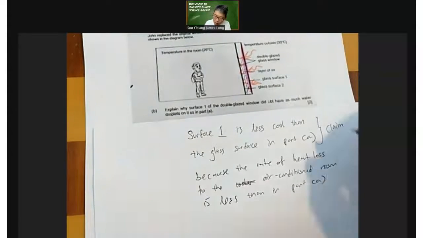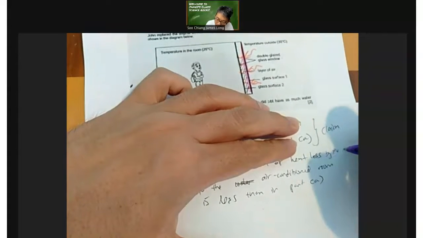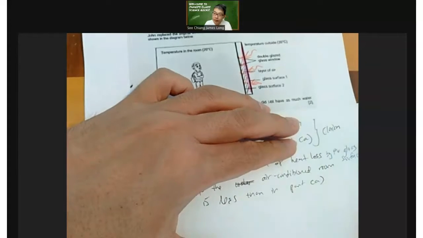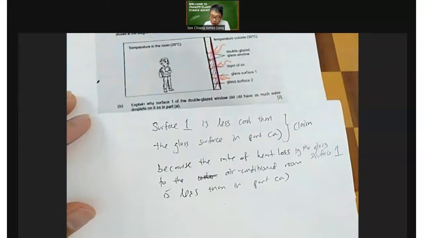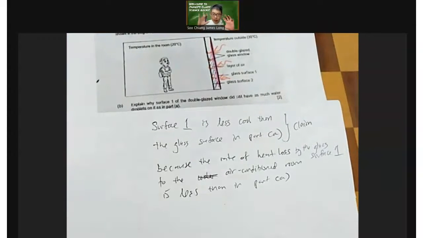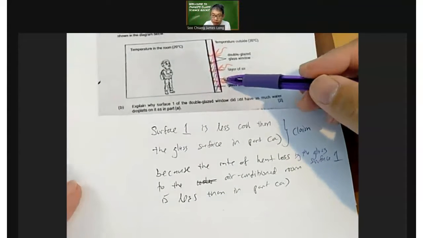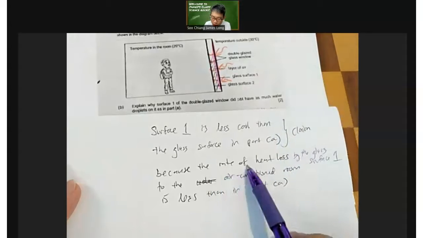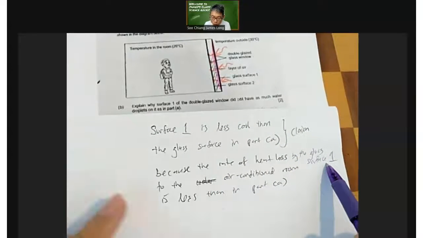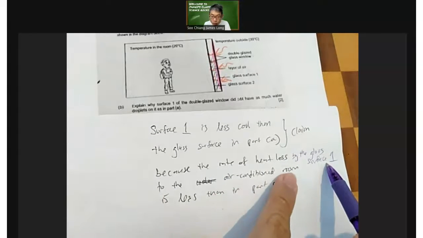The rate of heat loss by the glass surface 1, I don't want to be penalized, so I want to make sure I'm very clear regarding the source of the heat as well as the destination of where the heat loss goes towards. This is the hotter surface right now because it is directly facing the sun, right? So the rate of heat loss by the glass surface to the air conditioned room is less than in part A.